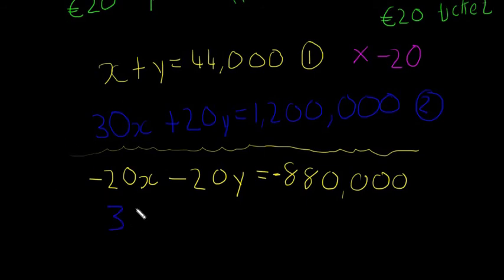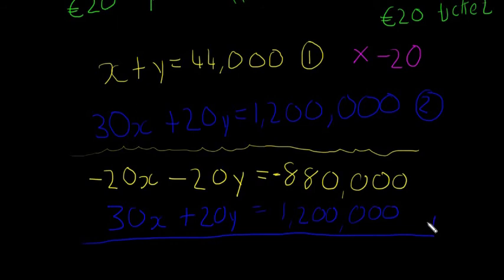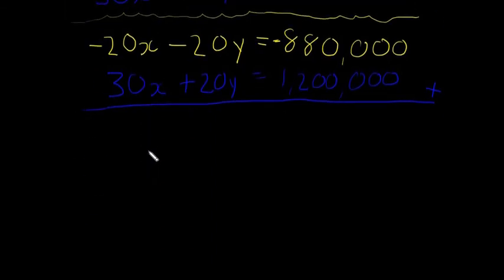We're going to have 30x plus 20y is equal to 1.2 million. Okay, so now we're going to add the two of these together. So this is going to give us 10x because 30x minus 20x is going to be 10x.